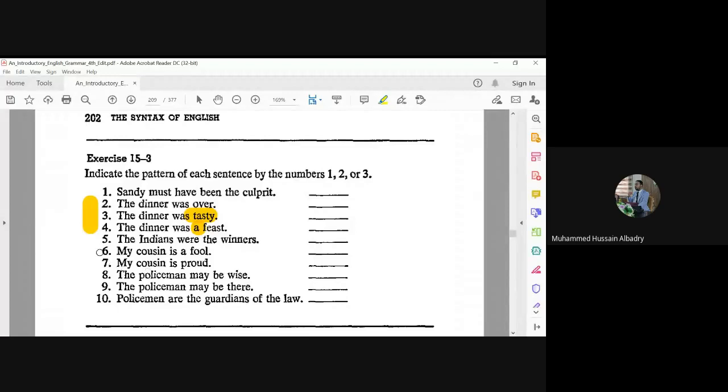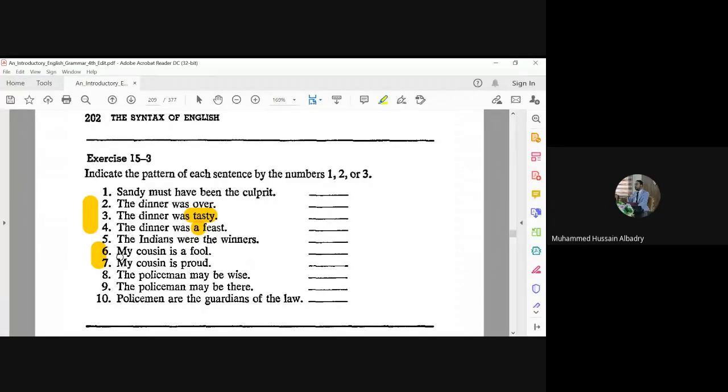My cousin is proud. Which part? Raise your hand please, let one person participate. Who else? They are very easy. Yes, sir.